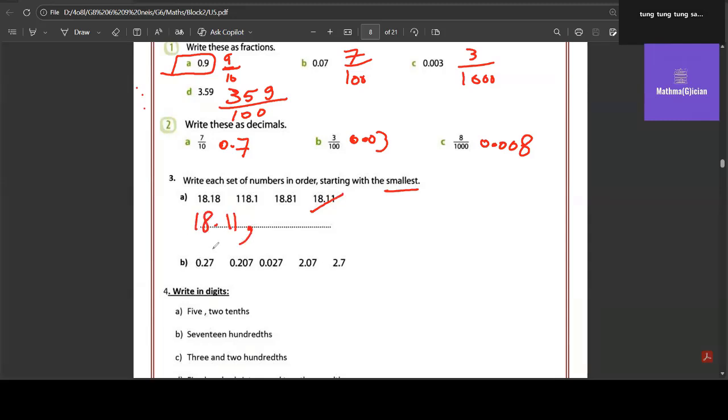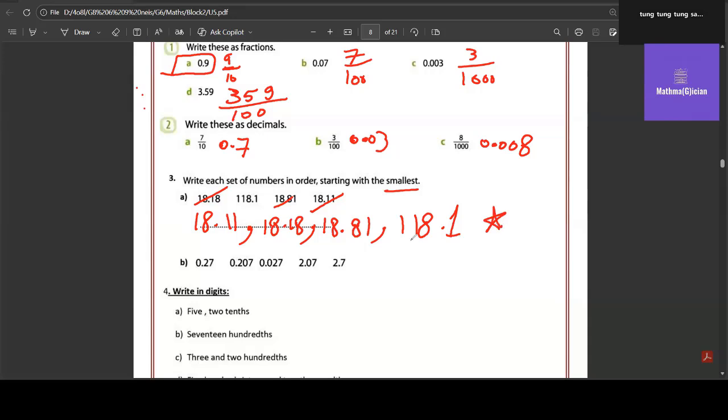And then 18.18. Bravo. Check. And then 18.181. 18.81. Okay. And the greatest number will be 118.1. Yes, that's correct.